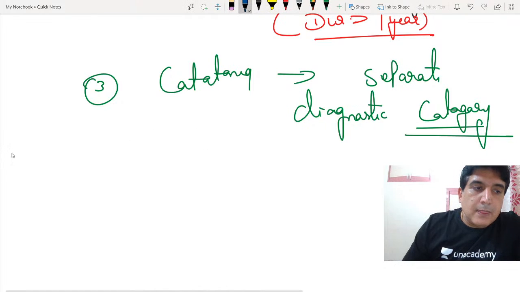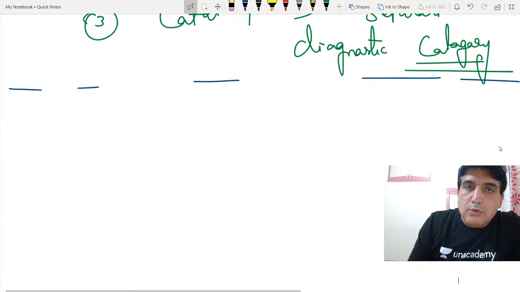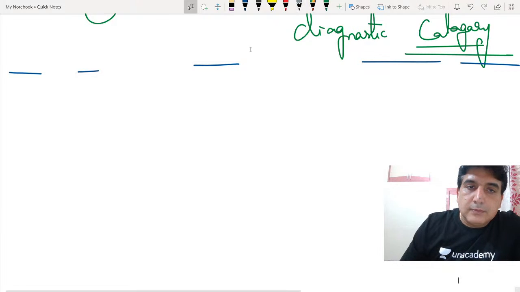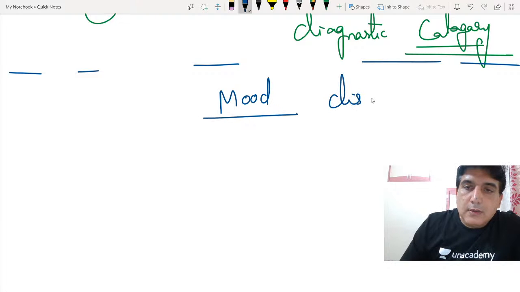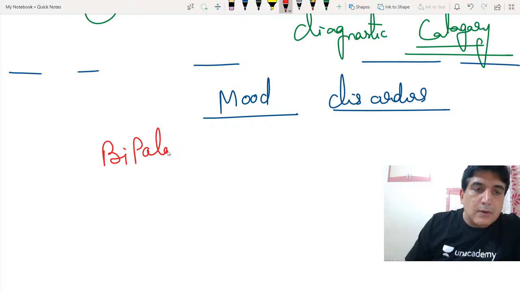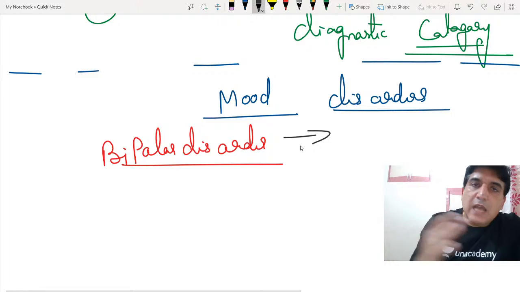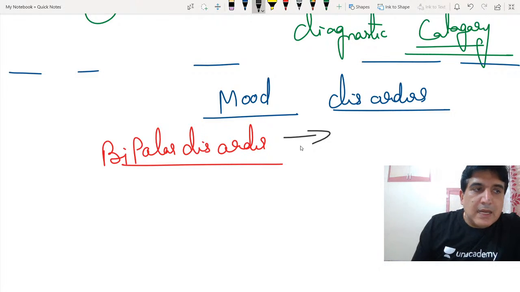Okay guys, the second we will talk about is mood disorders. In mood disorders, basically only one important change we have is in bipolar disorder. We have only two types of bipolar disorder as per ICD-11, type 1 and type 2.